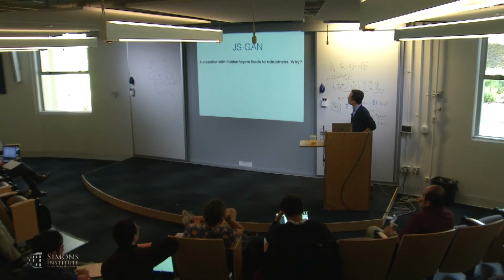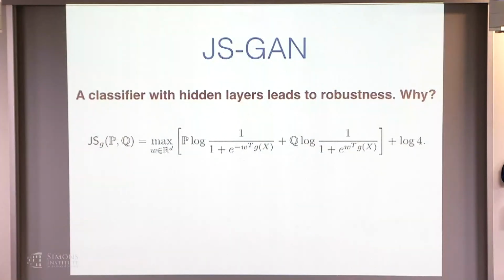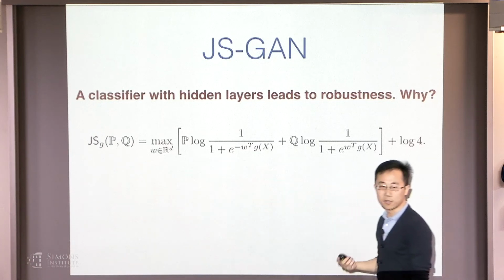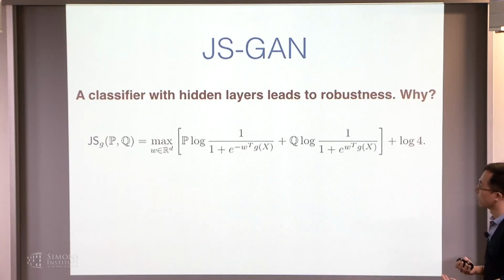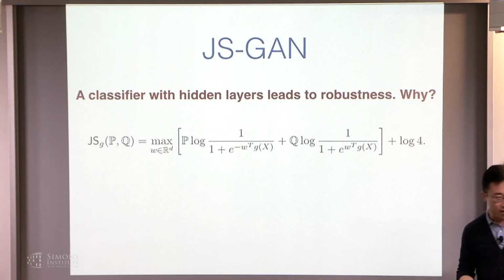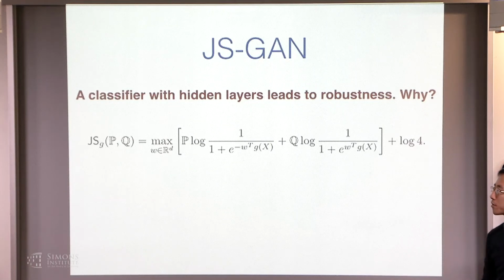We are trying to understand why this phenomenon happens, and then we got an answer. Let me define what I call the Jensen-Shannon divergence, a local version with respect to G. This is a divergence function between P and Q that is distinguished by a logistic regression using the feature G. G is a multivariate function that maps multivariate data from the p-dimensional space to a d-dimensional feature space, and then it defines a divergence function.